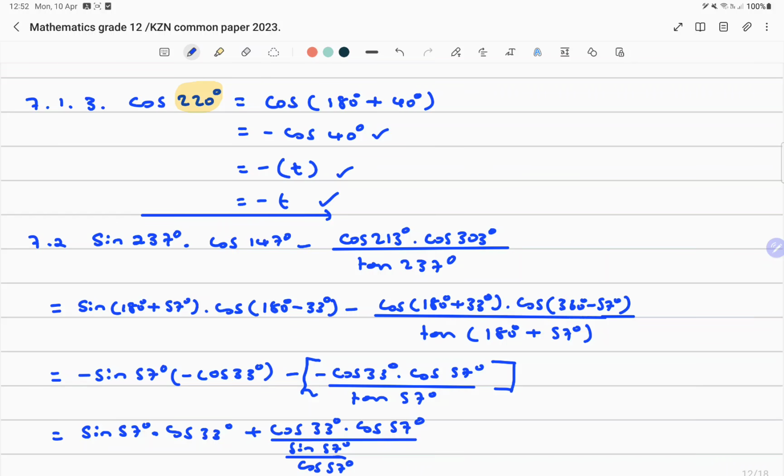So let's start again. Sine 237 into cos 147, okay, minus, now we've got cos 213 times cos 303, okay, divide by tan 237.